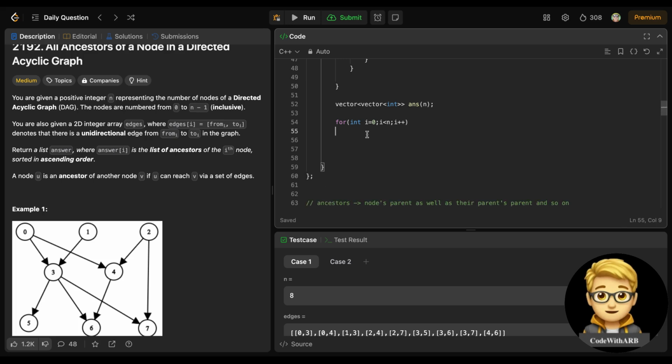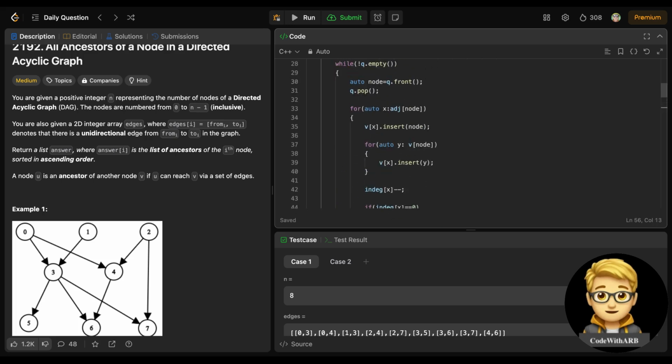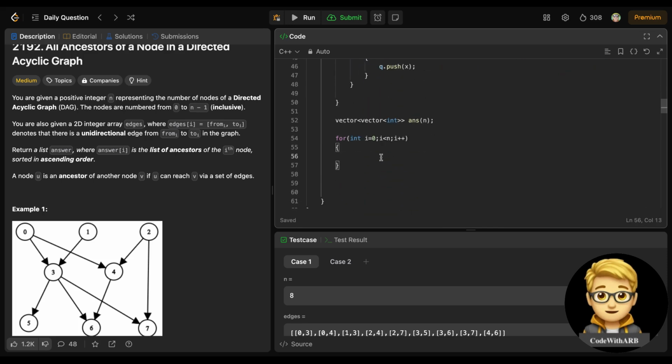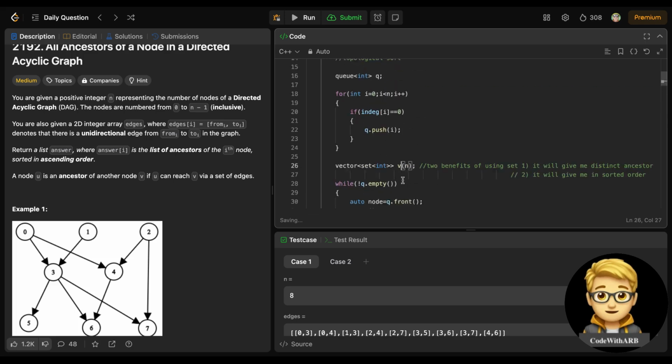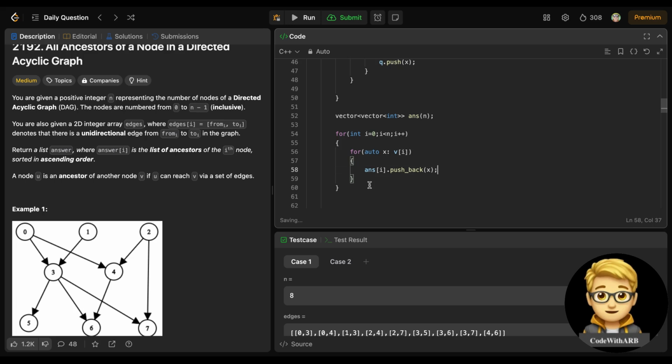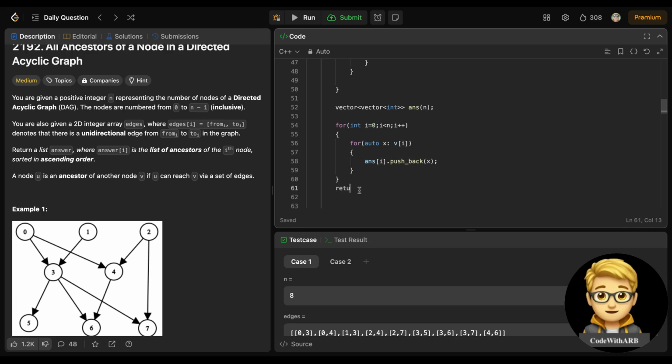And what I will do, I will find all the ancestors which are present in this set v. So this would be x, and this is v[i]. So this x is an ancestor which is in sorted order. So I just need to push back x, right? This I just need to do, and I will just return answer from here, right?